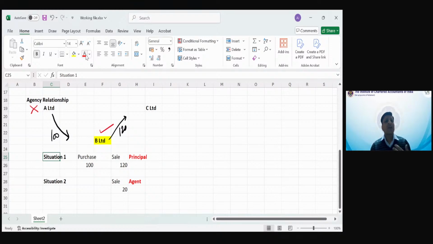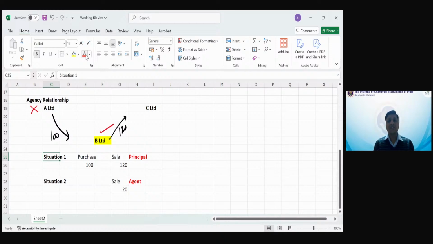Why? Because accordingly, revenue recognition of B will change. So in this particular situation, what is important for us is to understand whether B is acting as the agent or the principal.